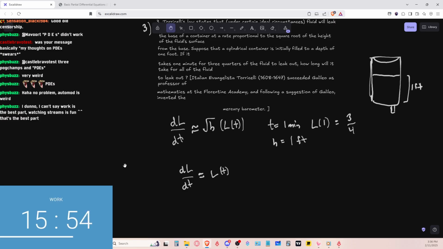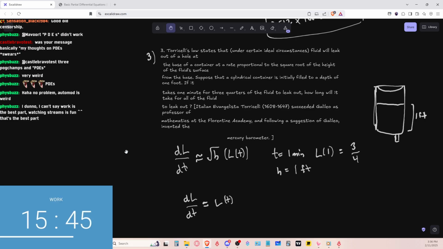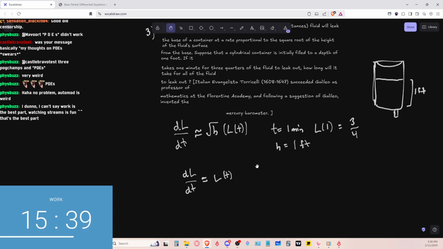But it also involves the height too. I mean, as a view minus this.